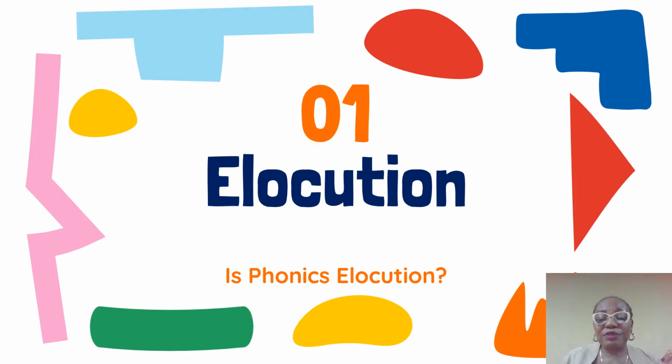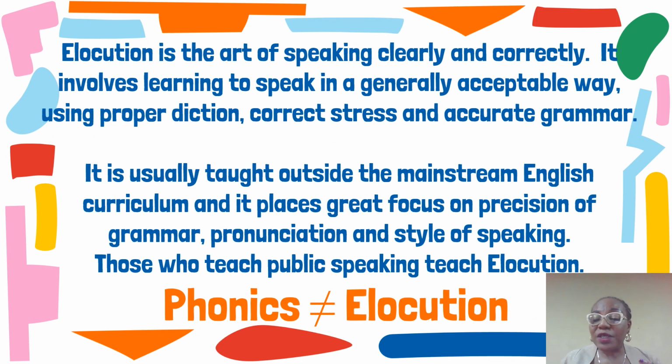And so we started one after the other to look at some concepts that are often confused with phonics. The first one being elocution. Elocution is the art of speaking clearly and correctly. It involves learning to speak in a generally acceptable way using proper diction, correct stresses, accurate grammar, proper pronunciation. Even the way you carry yourself and the way you present yourself is all part of elocution.